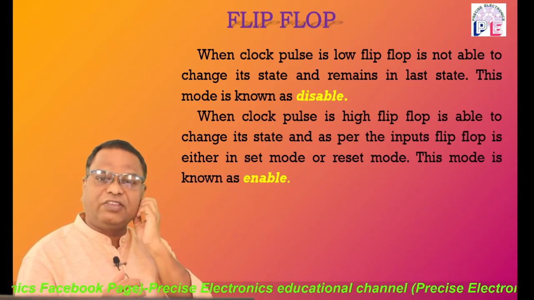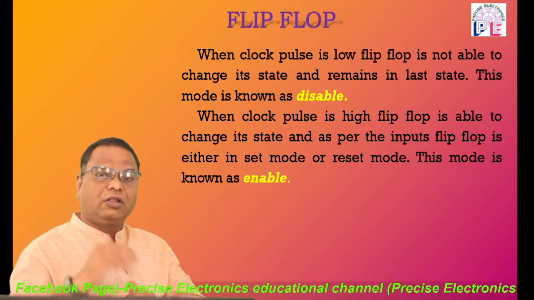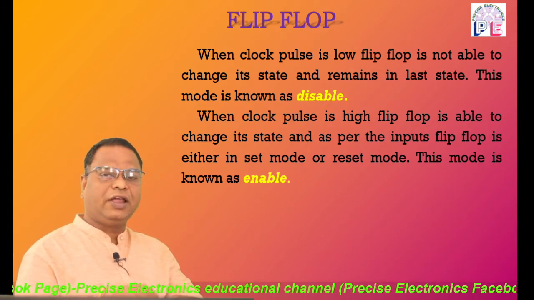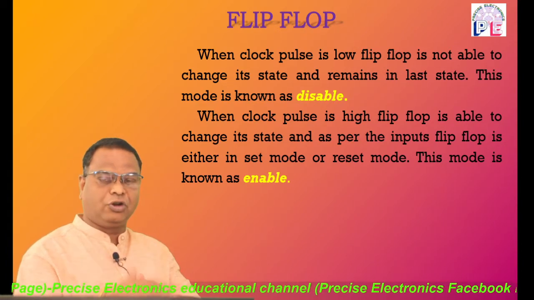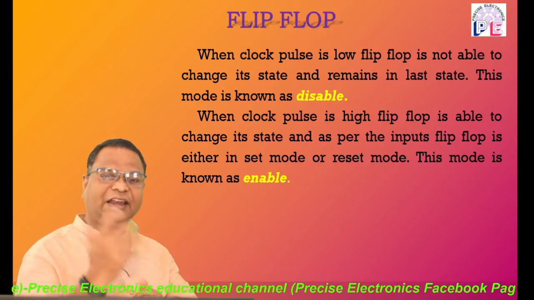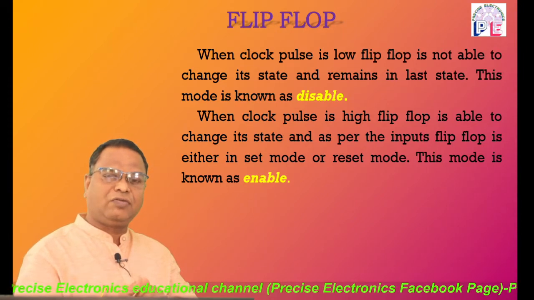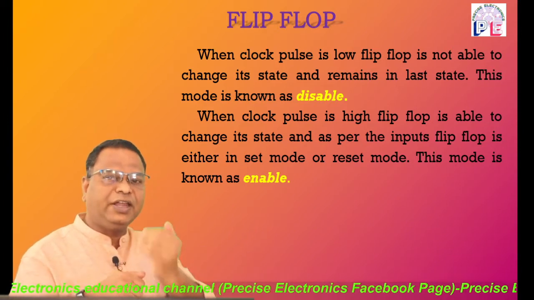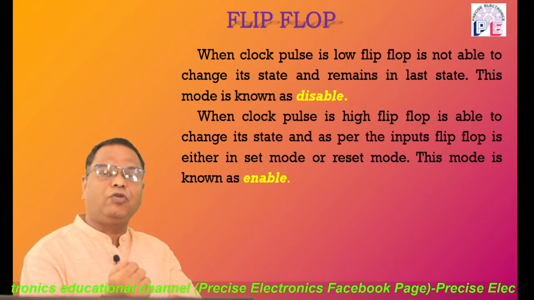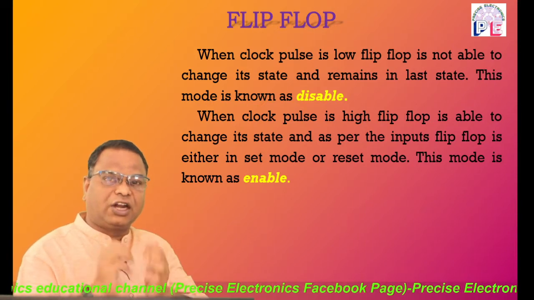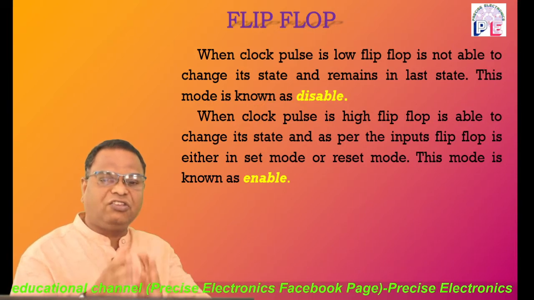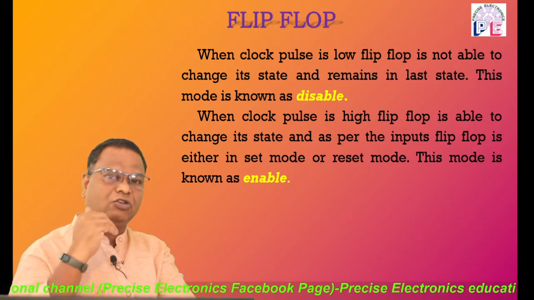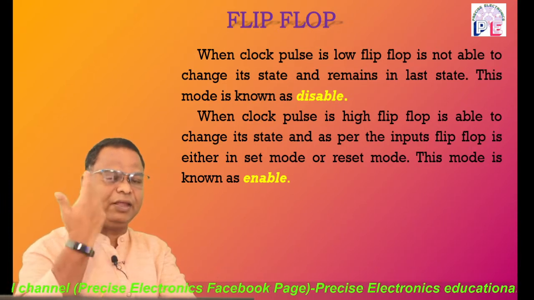When the clock input is high, the flip-flop is in enable mode, and as per the trigger inputs, that is the set and reset inputs, or in case of the data flip-flop the D input, or in case of the JK flip-flop the J and K inputs, the flip-flop changes its state. The transition of state occurs. So basically there are two stages, disable and enable.